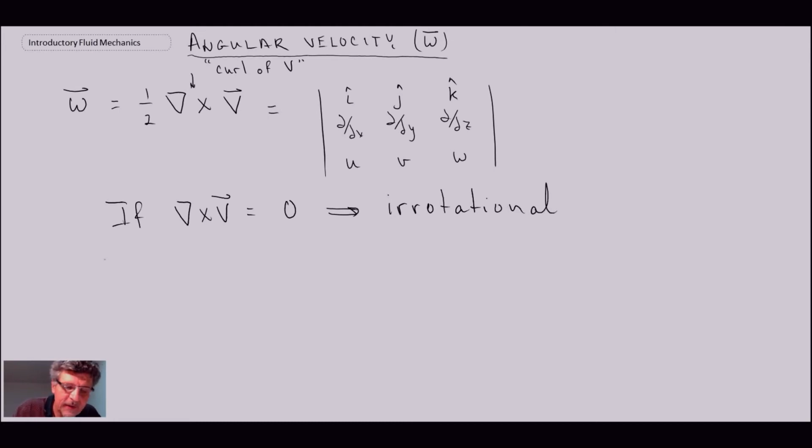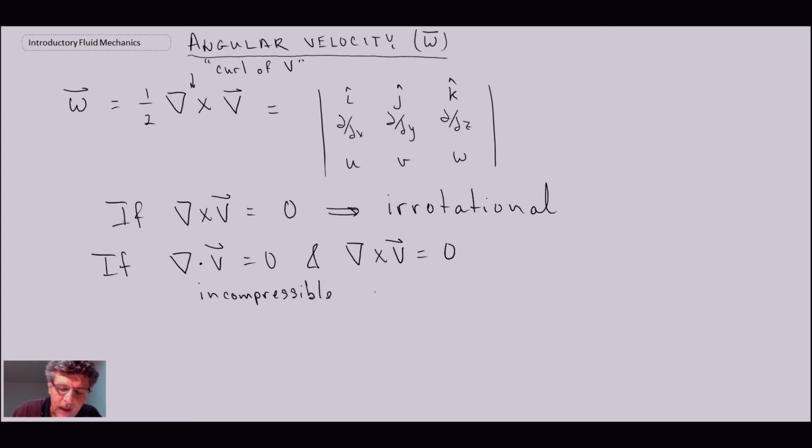And if we have a flow where del dot V is equal to 0 and del cross V is equal to 0, that would be a flow that is incompressible and irrotational.